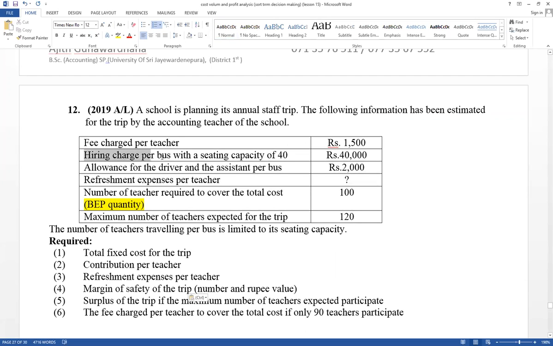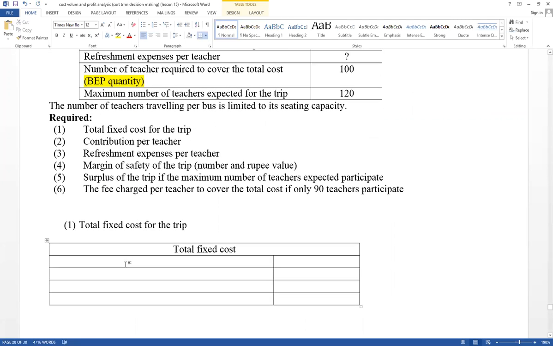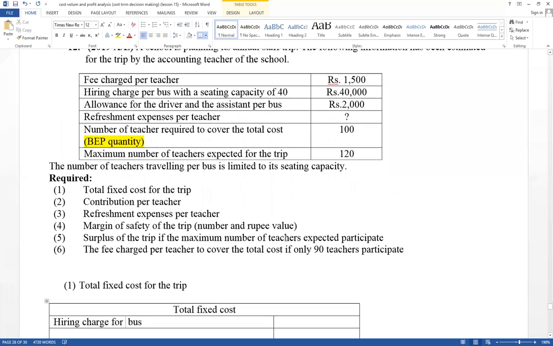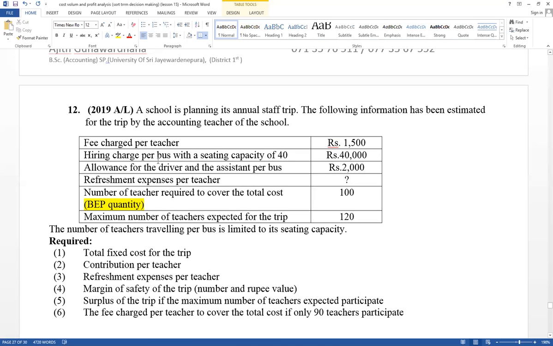Think about hiring charges per bus. It has given hiring charges per bus 40,000. But only 40 teachers can be participants.